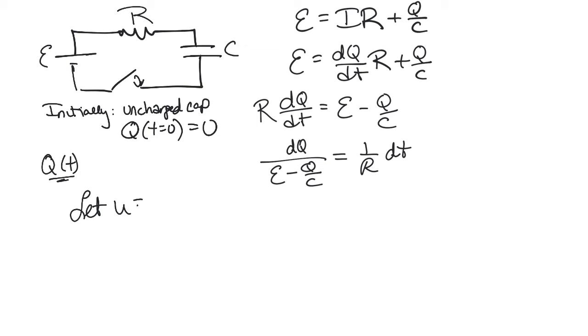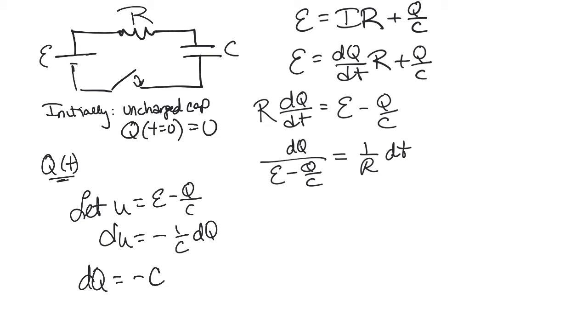So let u be the EMF minus q over c. So du is negative 1 over c dq. So that means I can figure out that dq is negative c du. Sweet. So I'm going to write that in here.